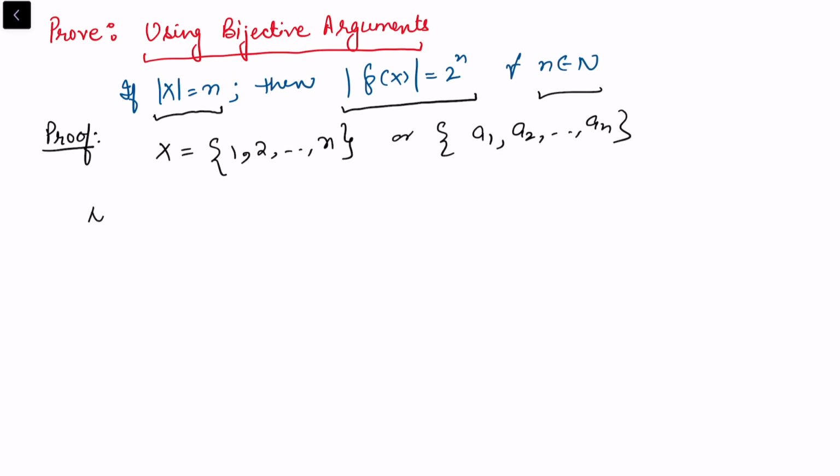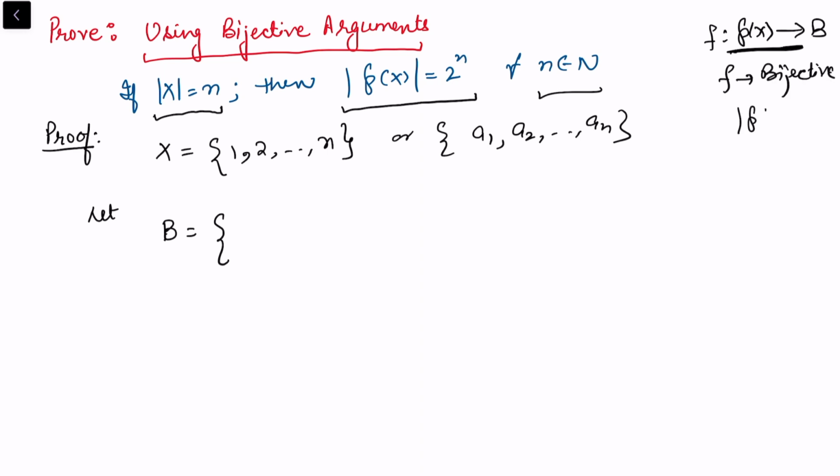Now let me define another set B, and I want to establish a bijection f from the power set to the set B. If this is a bijective map, then I can show that the cardinality of the power set is the same as the cardinality of the set B. This is the argument that I want to establish.